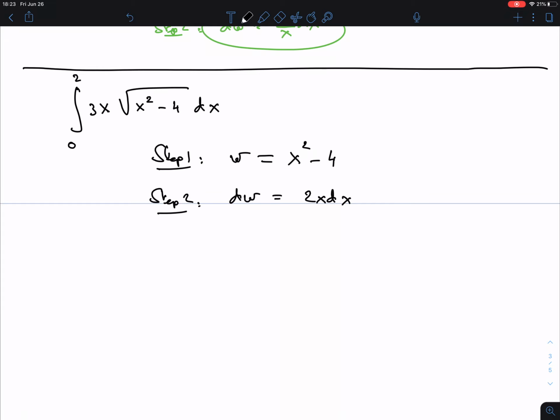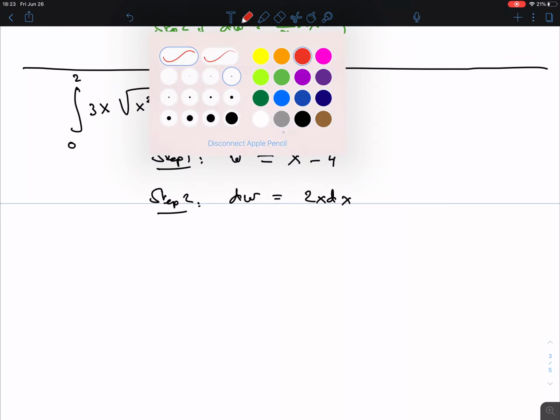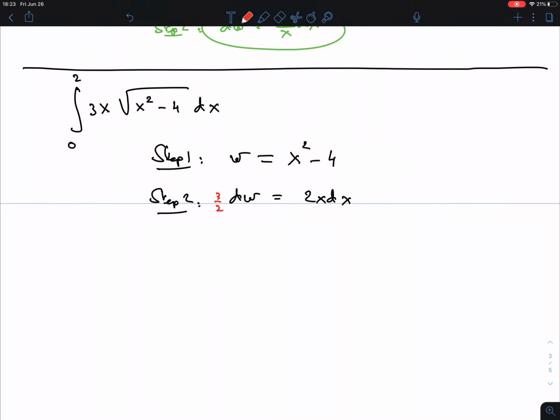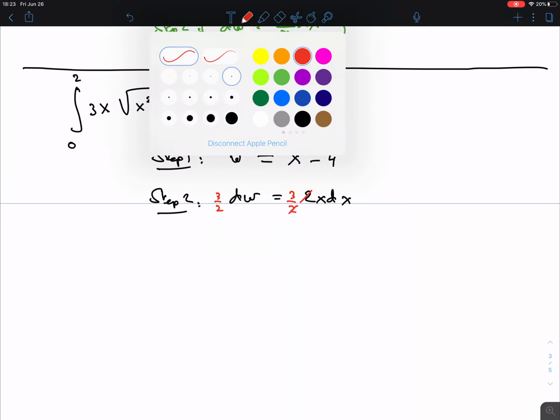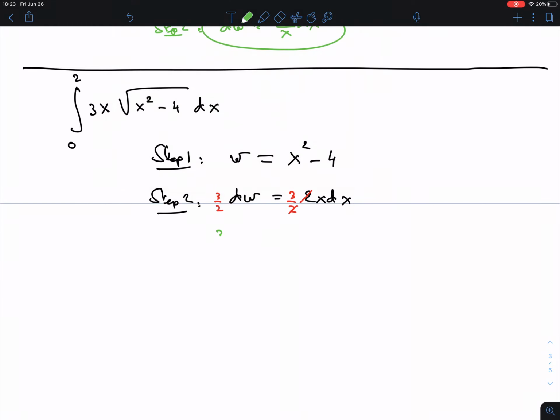Right? In other words, multiply both sides with 3 halves. So I do this here. So I multiply with 3 halves, and I multiply with 3 halves. So the 2's cancel, and I get 3 halves dw. I should do this in green, right? Okay, let me do this in green. To stick a little bit to the colors that I'm using. So that is 3 over 2 dw is 3x dx. That's one way.